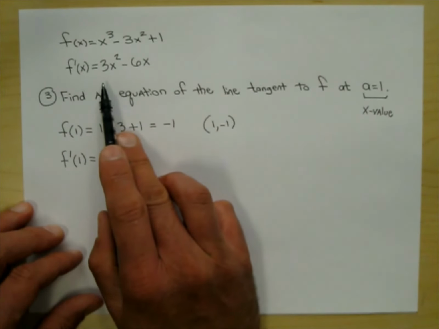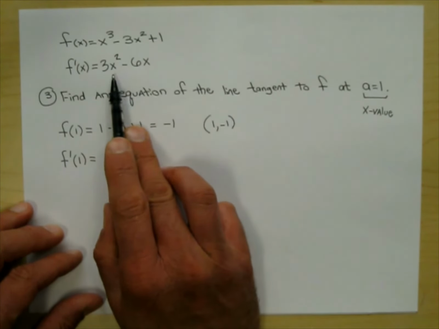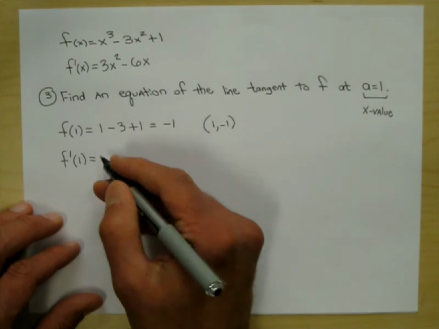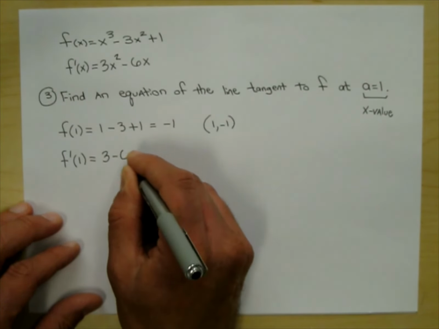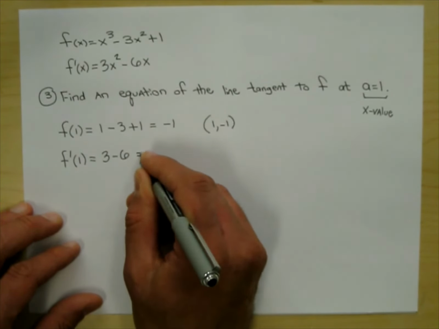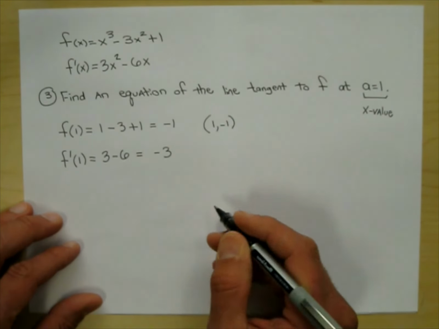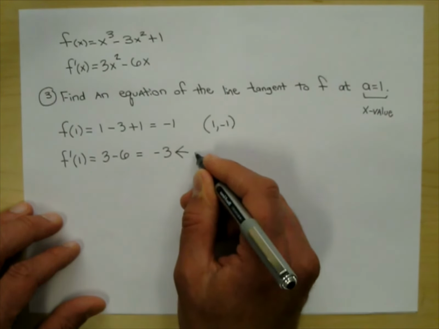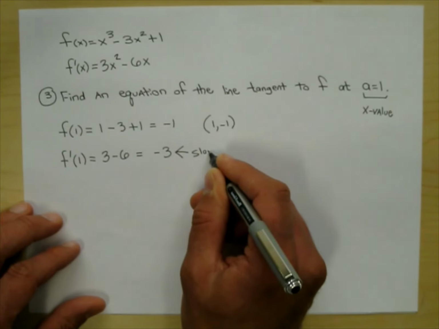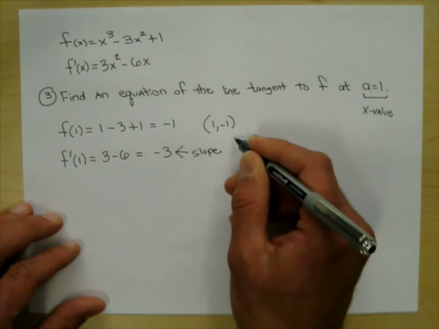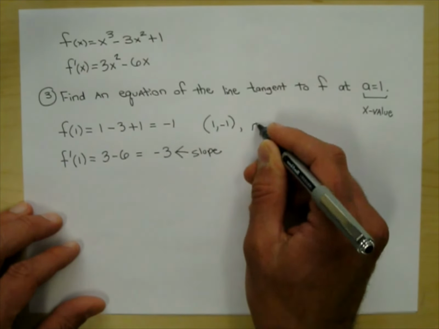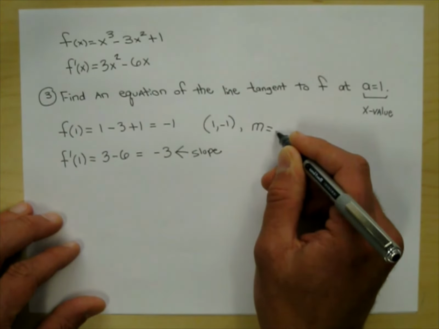And so that's what I'm going to do. When I put 1 in here, it's pretty simple to see that it's going to be 3 minus 6. So it looks like the slope is -3. This right here is the slope. Or, we could say m is -3.